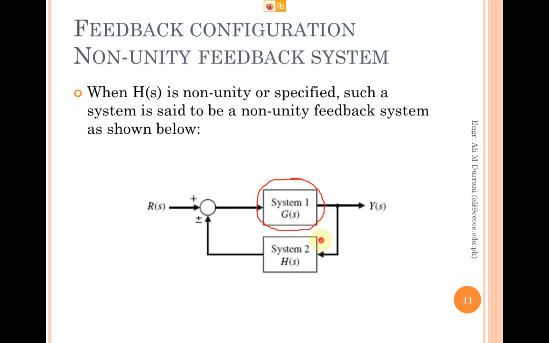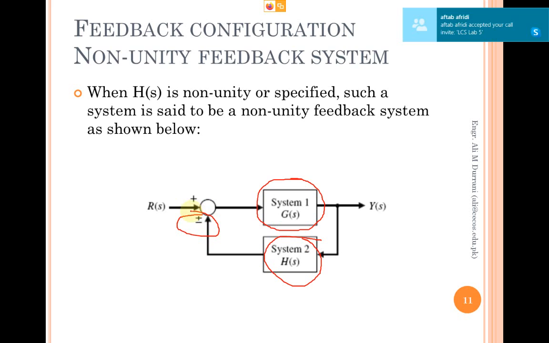And then in the feedback, which is h of s, again we can have a single transfer function, or we can have a combination of multiple transfer functions in this system h of s. And also this feedback can be positive or negative.